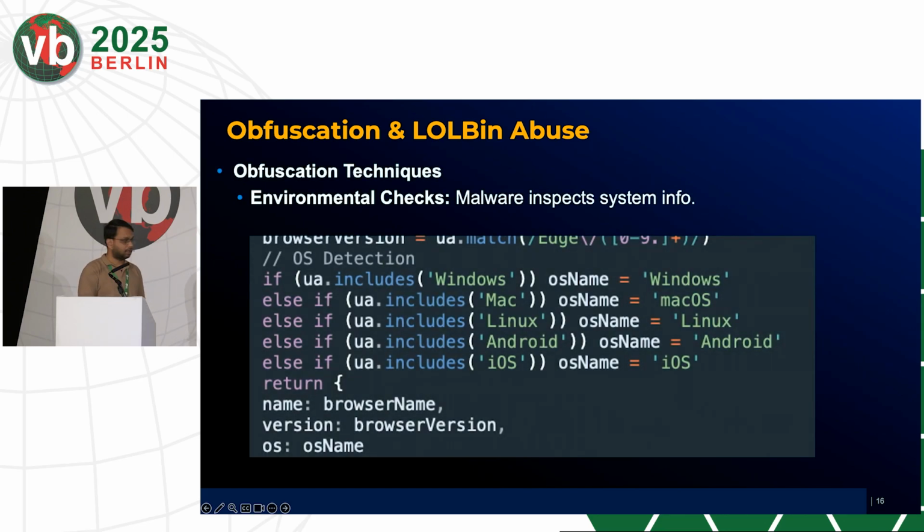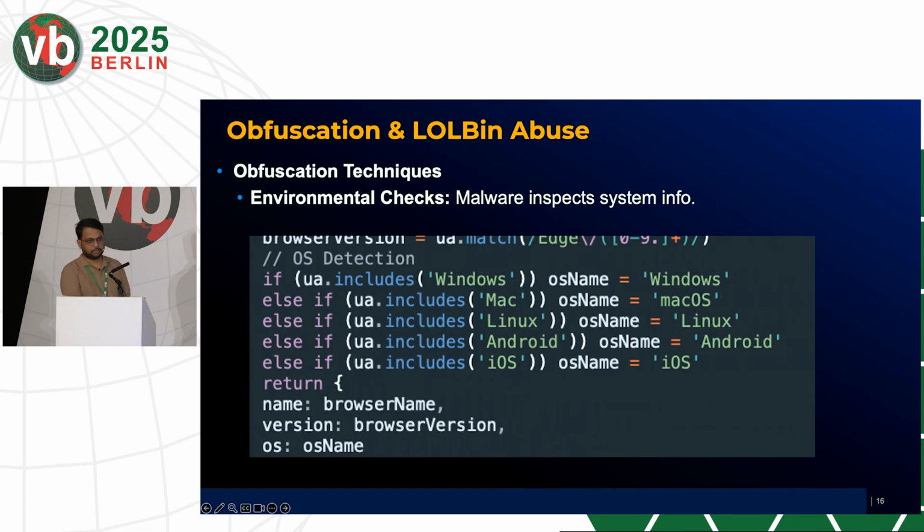Another is environment checking. The malicious code actively inspects the system, gathering information about what operating system is running, what processes are running, and what software is installed. They want to determine whether the environment matches the real target.